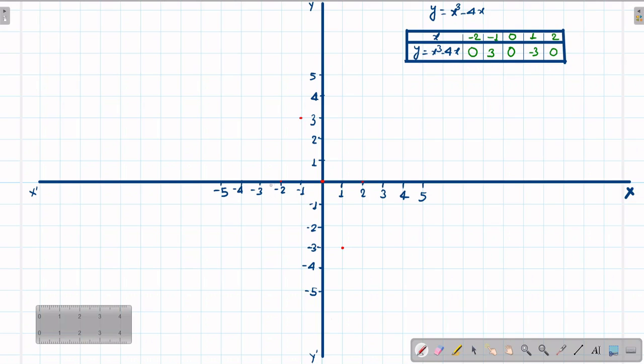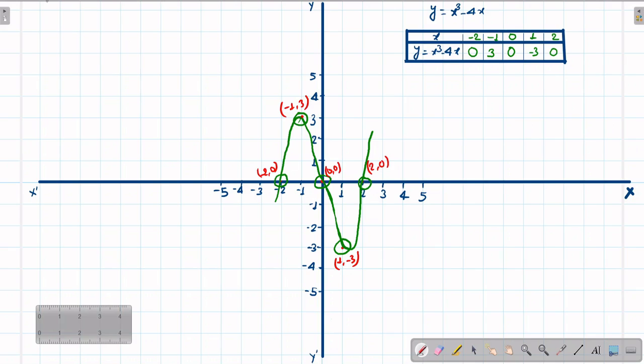So you find some points like this one, this one, this one, and this one. When you have even a large number of points and try to join them, you will find that the curve is somewhat like this. And don't forget to write the coordinates of the points that you have plotted.